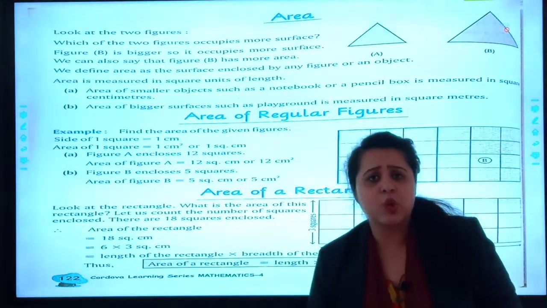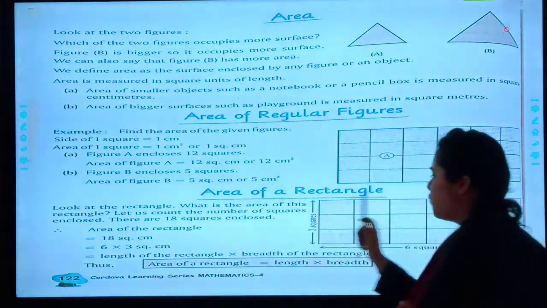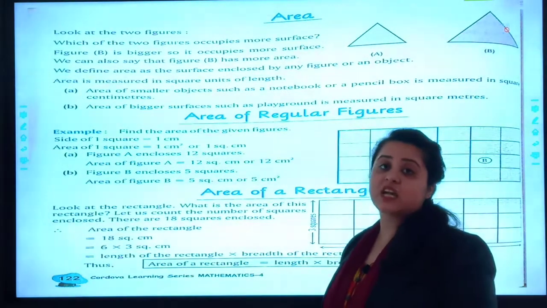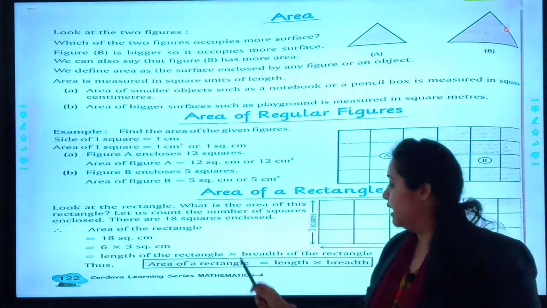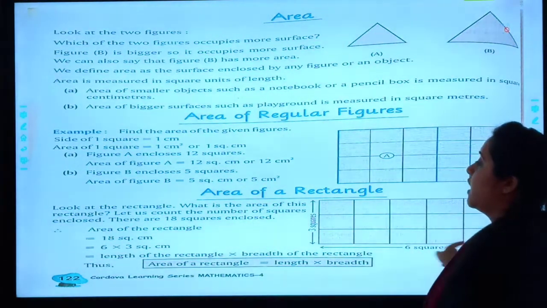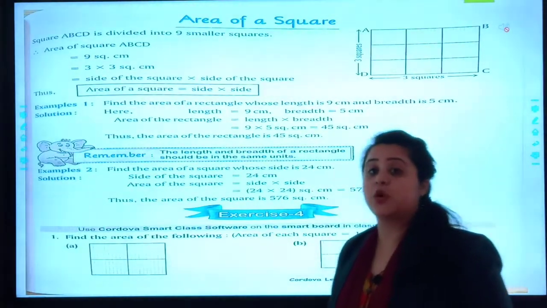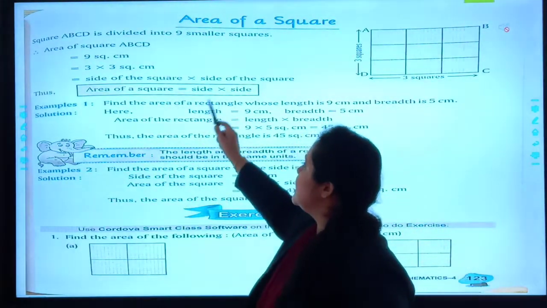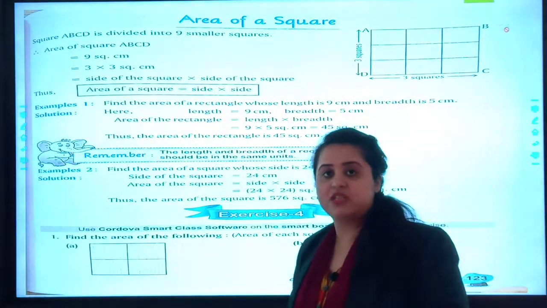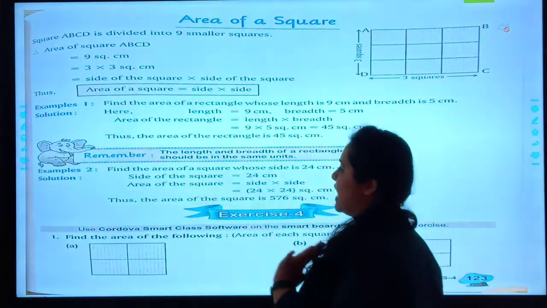And we come to know that area of rectangle is length into width. All the formulas are given in the textbook itself. Area of rectangle equals length into width. We have also seen area of square, that is side into side.